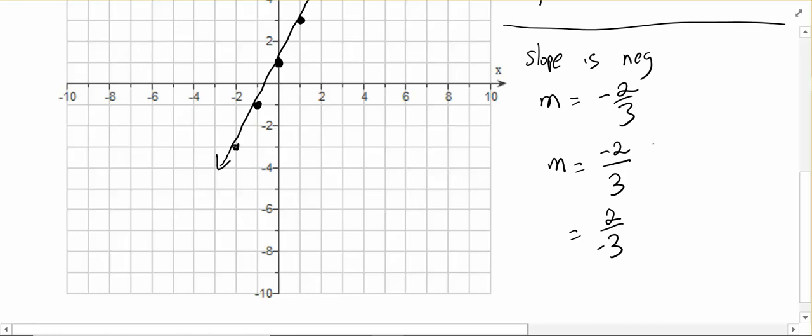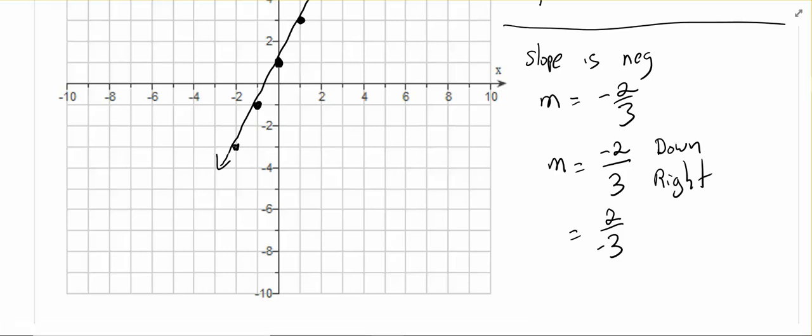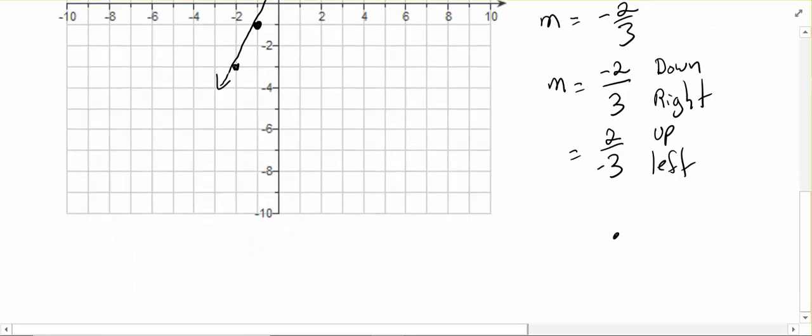Now in the top case, this would mean down because we have a negative rise, but right because we have a positive run, or it could mean up and left. So a negative slope, if we were to start here, could either mean go down and right or go up and left.